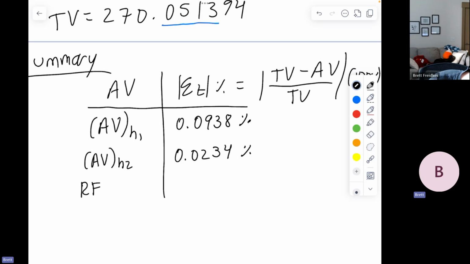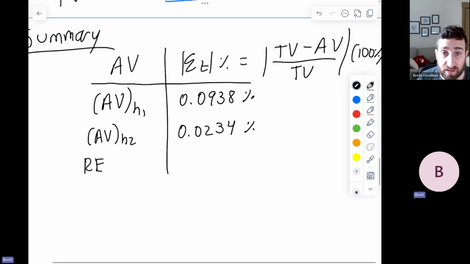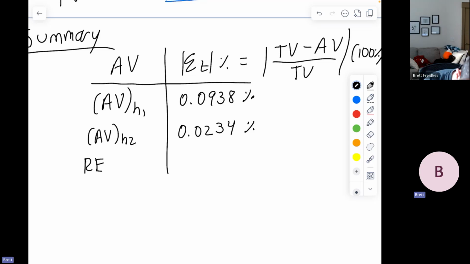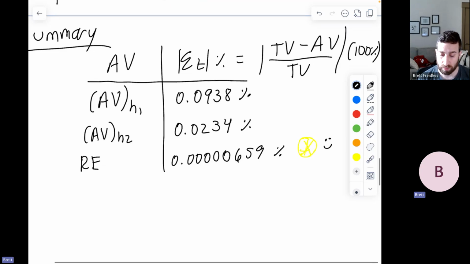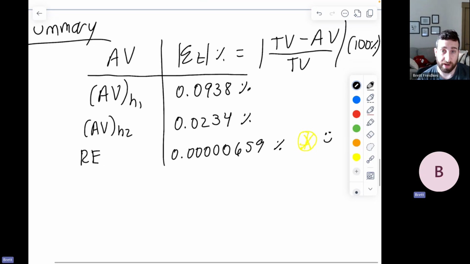But for Richardson extrapolation, when we use both of these different iteration values to help us estimate a new true value, that ends up being 0.0000659%. And obviously we can see that this is our winner here, because of how small the relative true error is compared to the approximations using just a simple value of h.